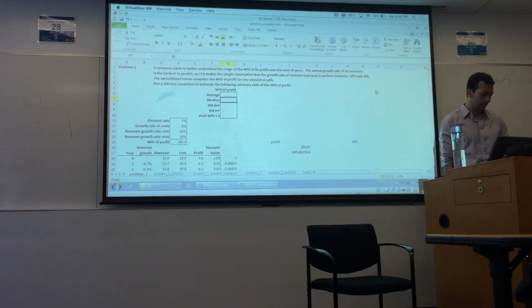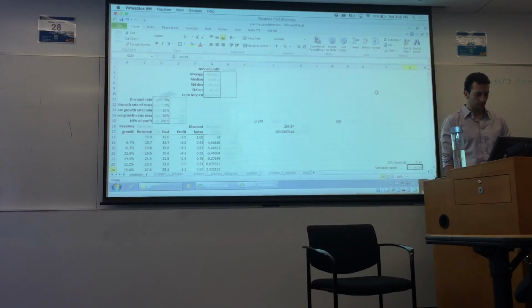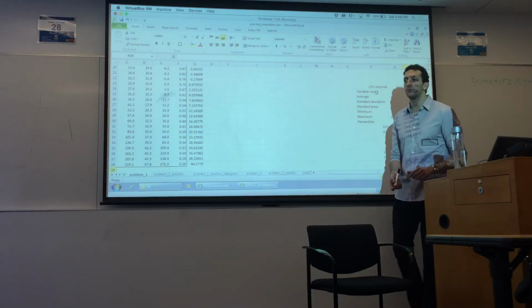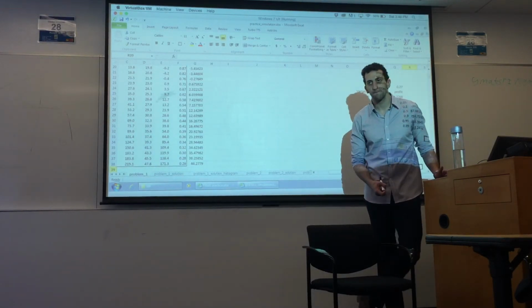Okay, so it asks us the average, median, standard deviation, standard error, and probability NPV is smaller than 0. Let's see if we have it here. We don't have it. How can we calculate what is the probability that NPV is smaller than 0?